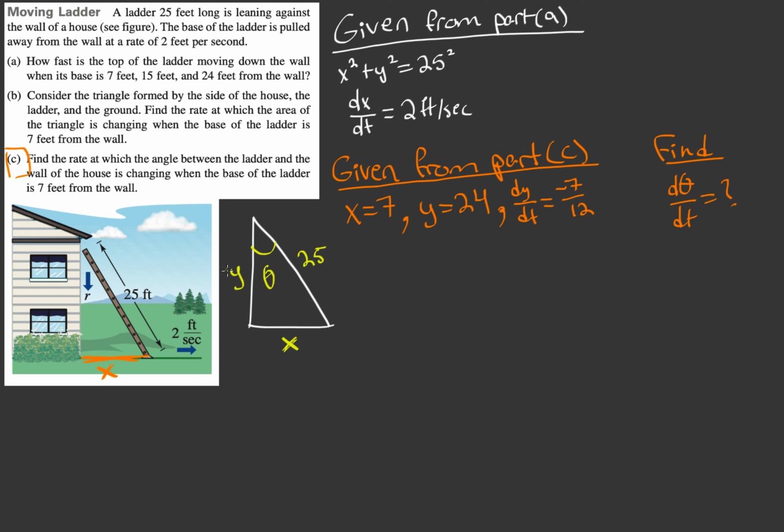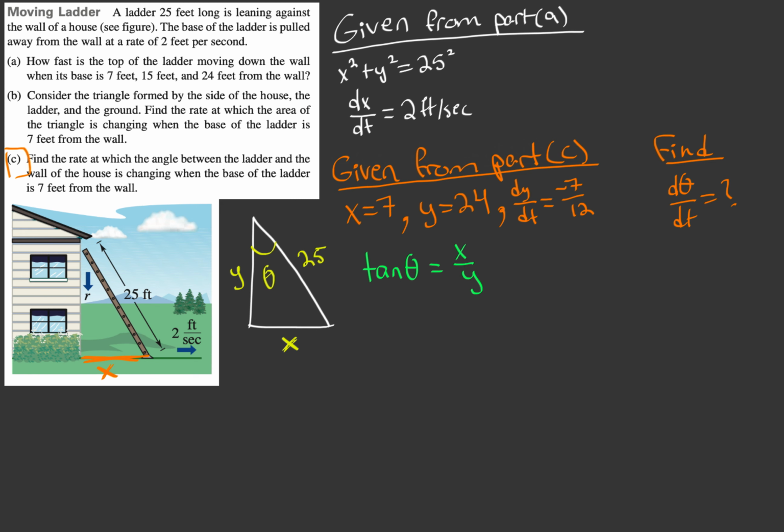We're trying to figure out what our angle is and how it's changing when x and y are at a certain value. If we remember SOH CAH TOA, this looks like opposite over adjacent, so we're going to use tangent. Tangent of theta is equal to x over y.